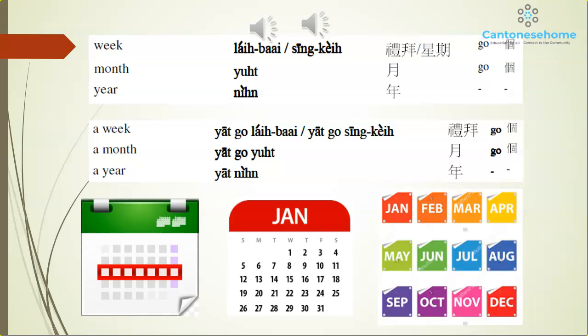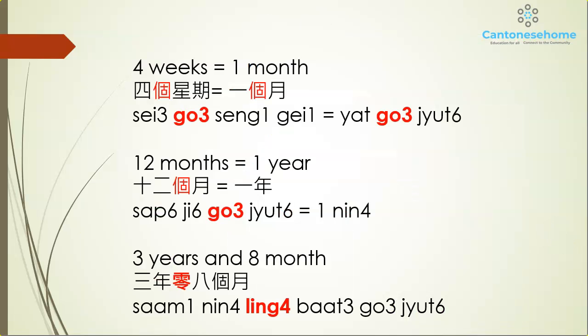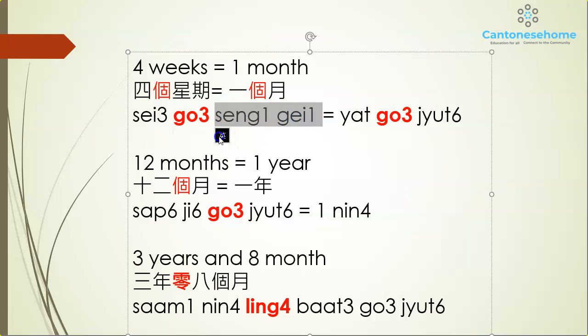好, so some special notes: 4個星期 equals 1個月, 12個月 equals 1年. You will see we use 個 in week, 4個星期. There's some exceptional case, I will tell you a little bit more.